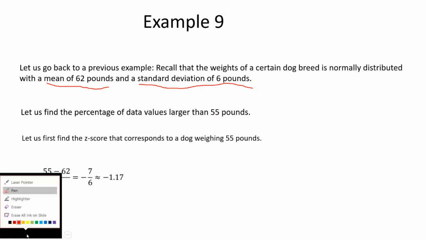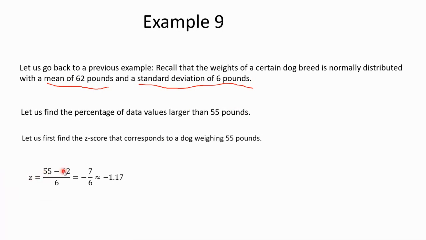So for the z-score, we have 55 minus 62 over 6. Okay. So you do this, and the z-score turns out to be approximately negative 1.17.